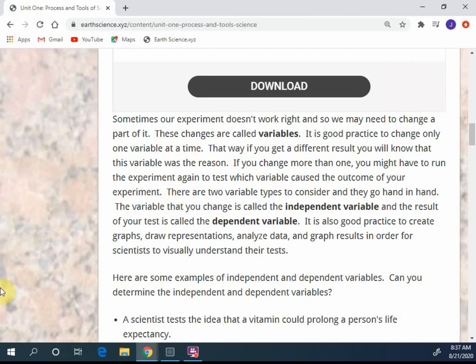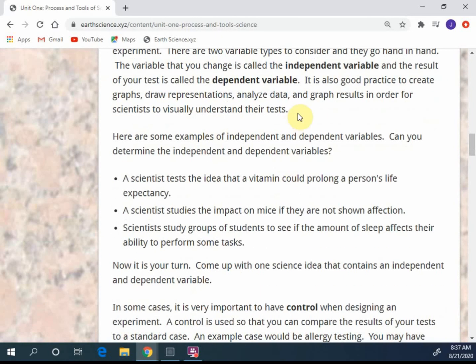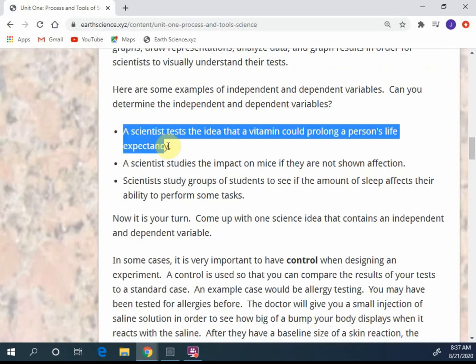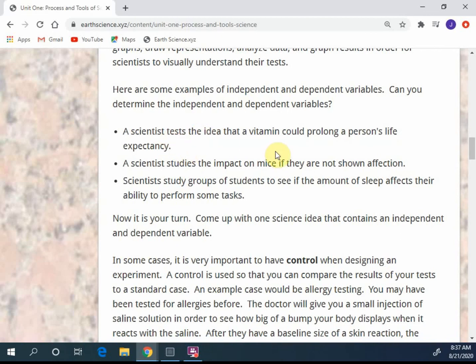I'll give you some other examples now. Okay? Let's see. This first one: a scientist tests the idea that a vitamin could prolong a person's life expectancy. What is the dependent and what is the independent variable?